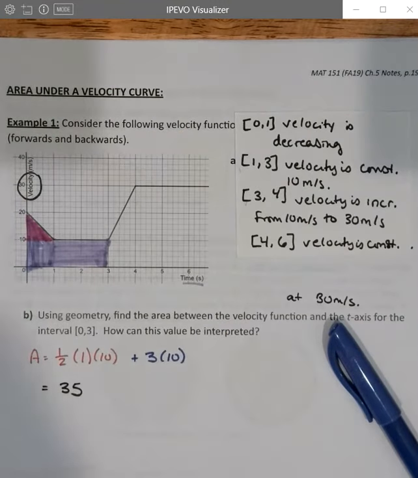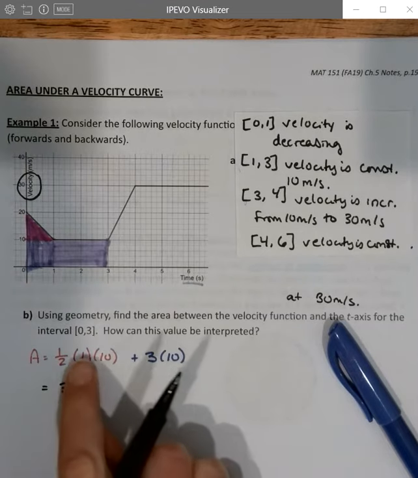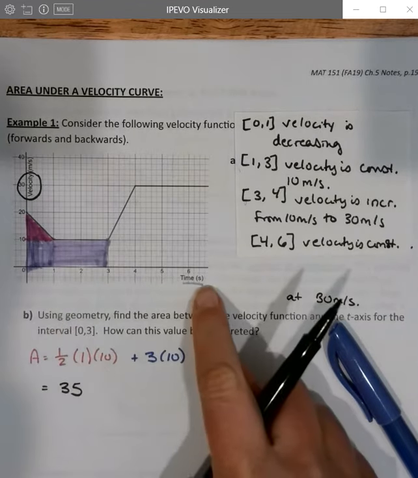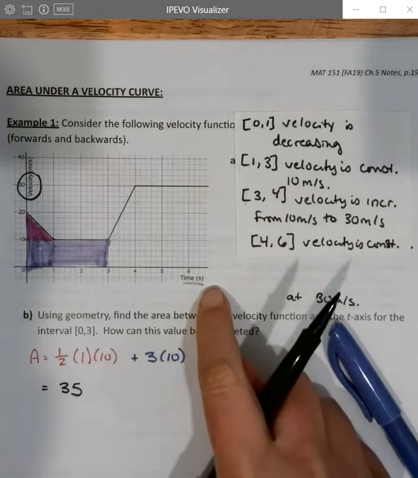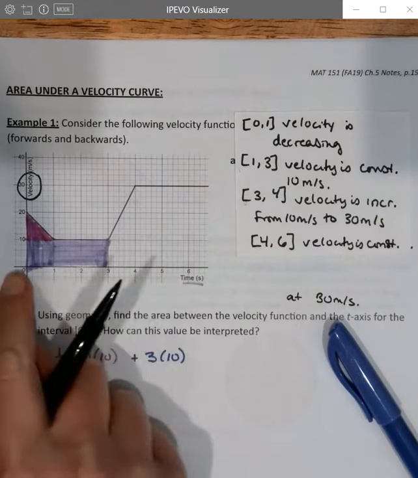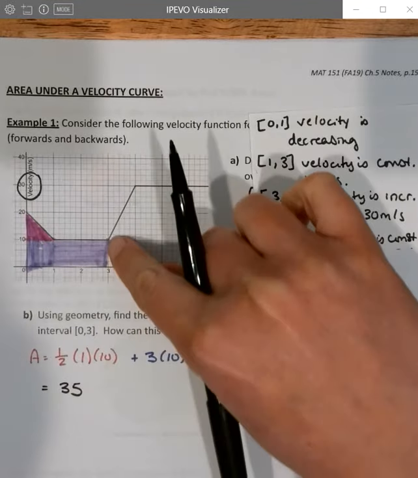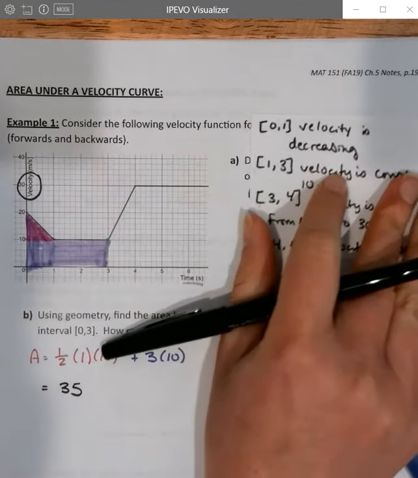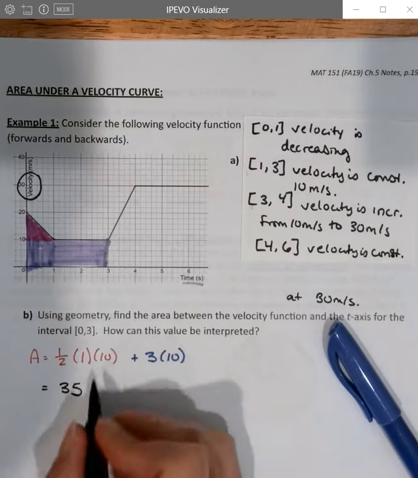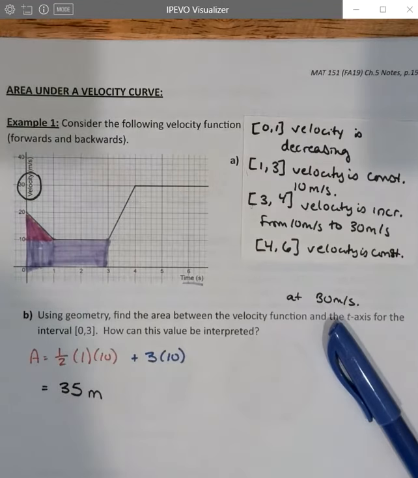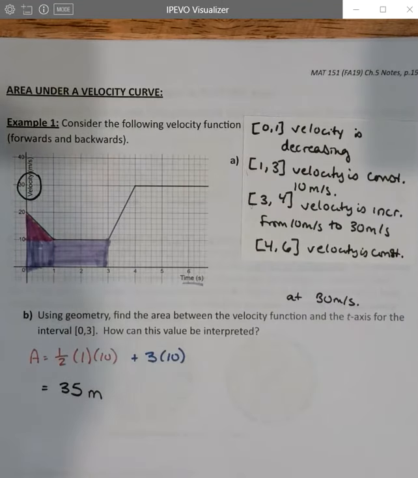Now, the units on this: since I'm multiplying a time in seconds on the base by a meters per second value, meters per second times seconds is going to be in meters. So the units on this are meters.